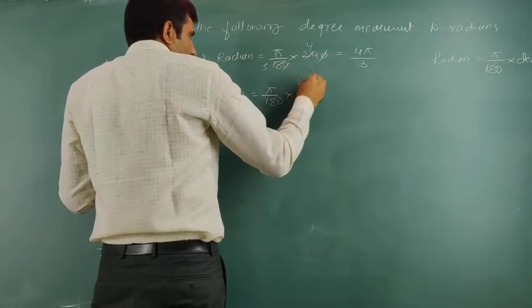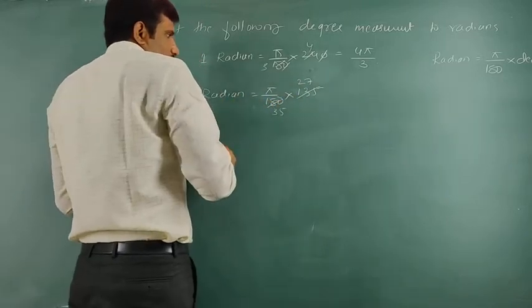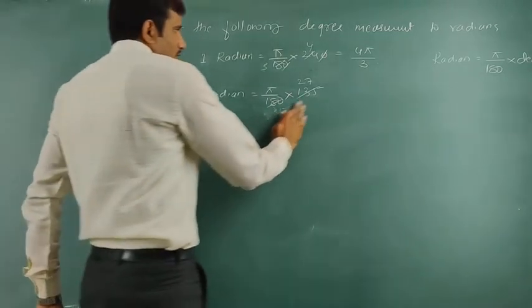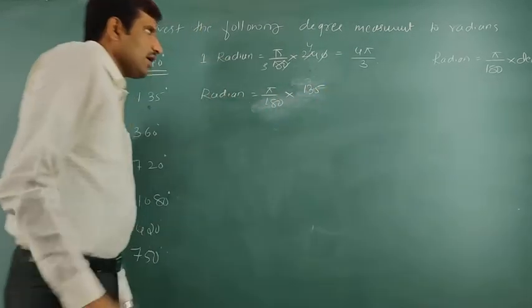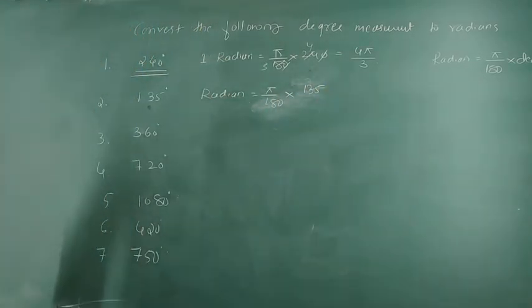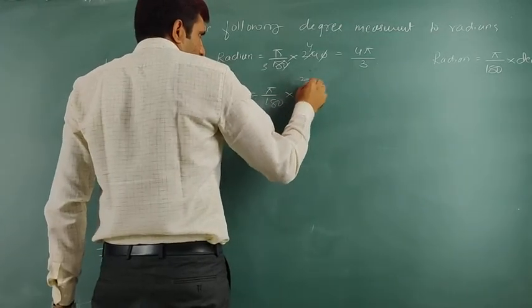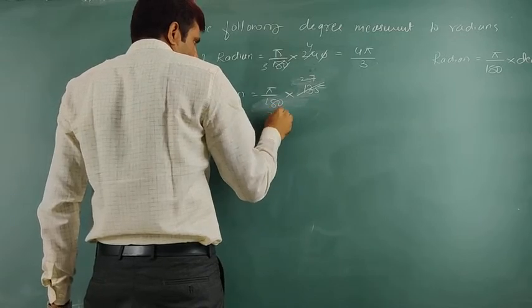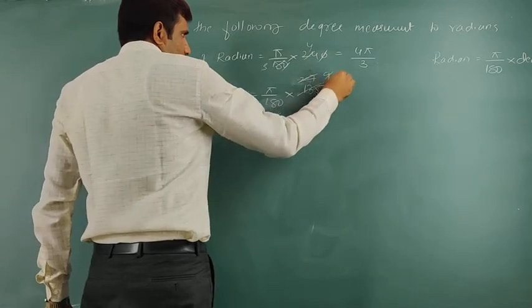Now you can see here, 5 twos are 10, 5 sevens are 35, 5 threes are 15. Is it clear or not? 27 pi by, pi by 180 into 135. 90 plus 45. 5 twos are 10, 5 sevens are 35, 5 threes are 15, 5 sixes are 30, 3 nines are 27, 3 twelves are 36, 3 threes are 9, 3 fours are 12.